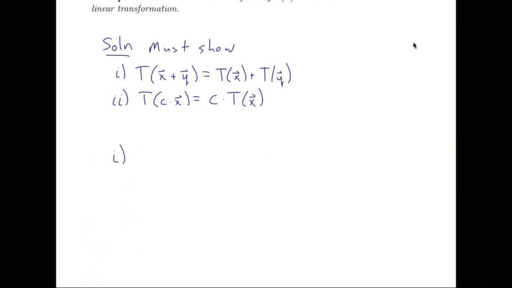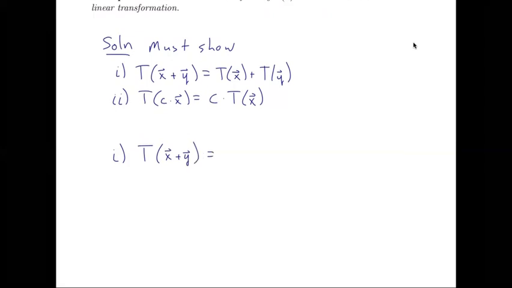We'll say that T of X plus Y. Well, remember, this is a single vector, X plus Y. So what happens to it is we have -3 times the vector X plus Y. Now we rely on vector properties. We know that a scalar times the sum of two vectors obeys this property. If we go back to, I believe, section 1.3, where we can see this property of vectors, this is why we had that whole table of properties for scalar multiplication of a vector, and so on.